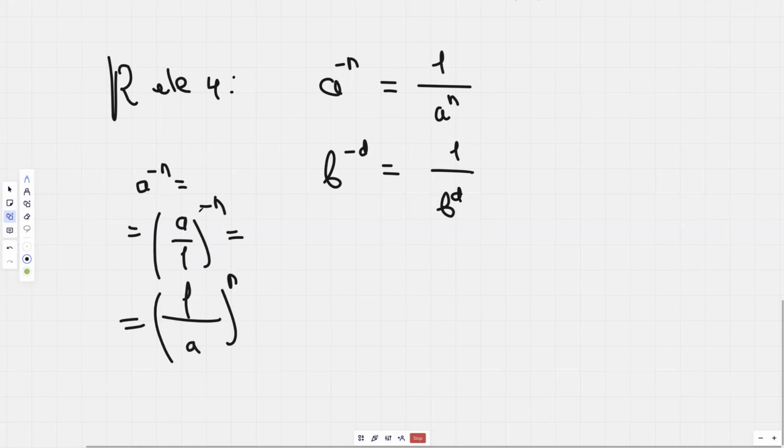The negative sign means the changing of the sides. For b, for example, b over 1 to the power of negative t, the negative sign changes the position, the 1 goes to the top and the b to the bottom, 1 over b to the power of t. So this is the rule number 4.